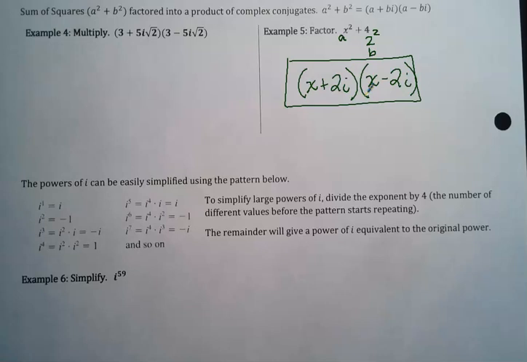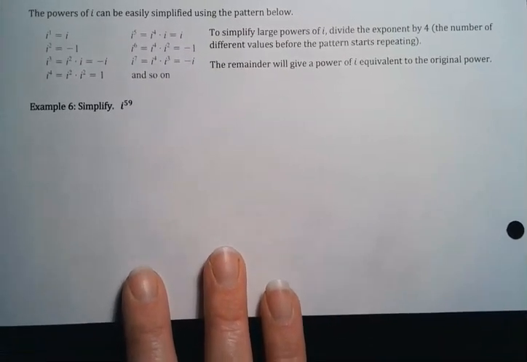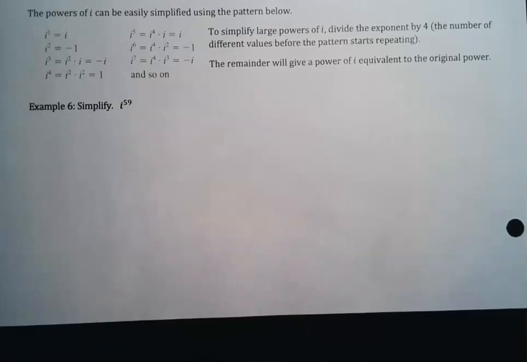Okay, then next up, let me go ahead and erase and move on up because we're going to want this next information for example 6. The powers of i can be easily simplified using the pattern below. Okay, so let's look. i to the power of 1 equals i.